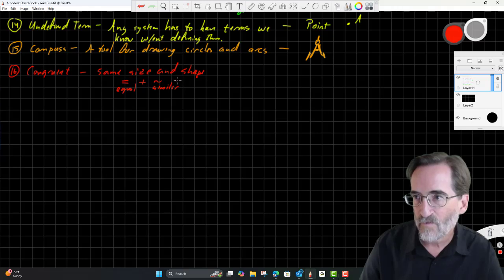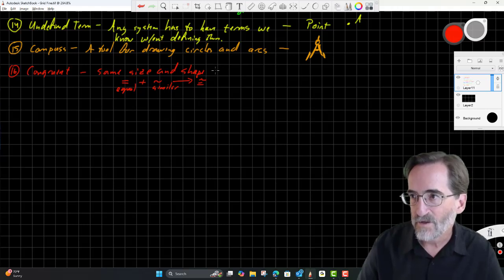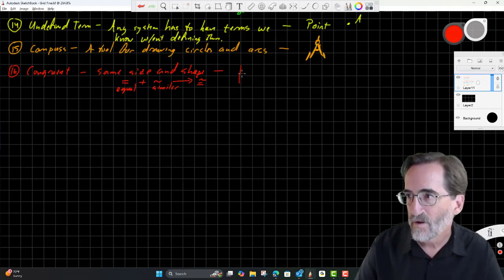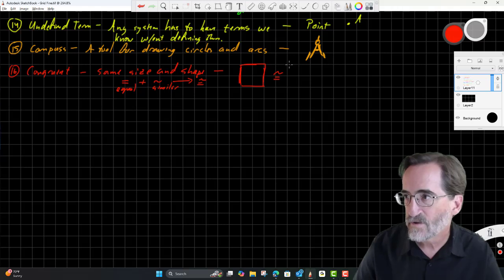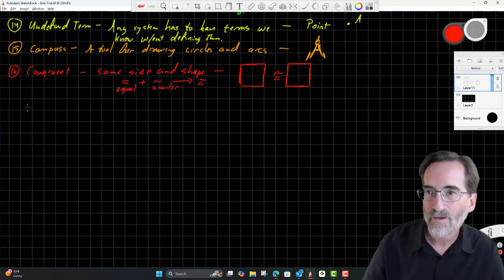So when you put those together, you get a congruent symbol. An example, this square is congruent to this square. They're the same size and same shape. Congruent.